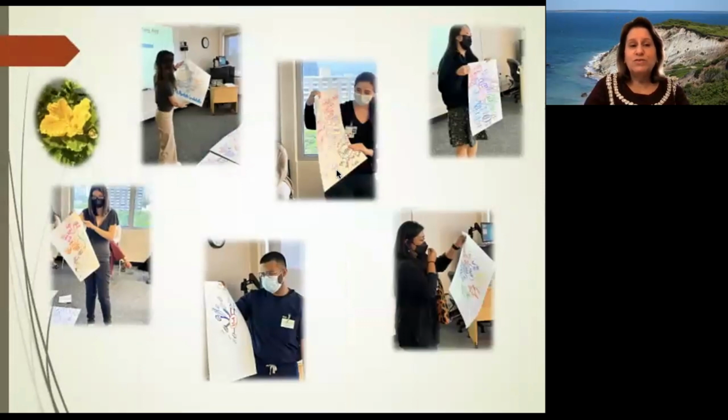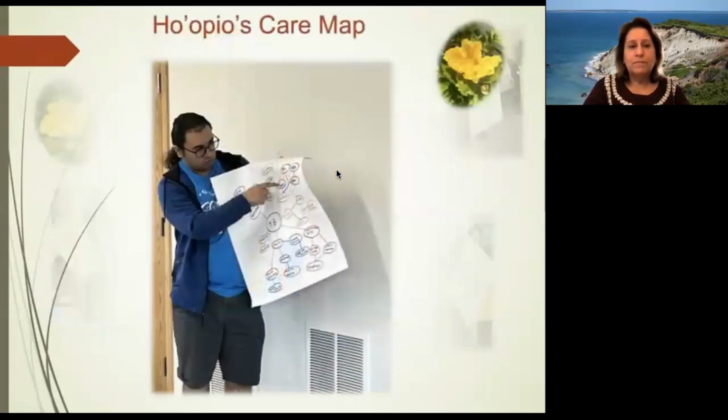We've also used this care map with adults. Really, you can be as creative as you want. We've used it in our LEND program to get to know our leadership trainees, and it's just a powerful way to get to know someone. Ho'opio is our self-advocate from Oahu, and he also shared his care mapping with us after our activity.